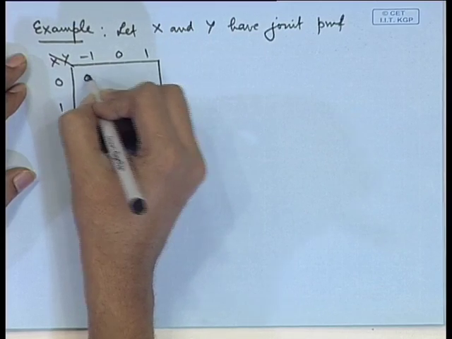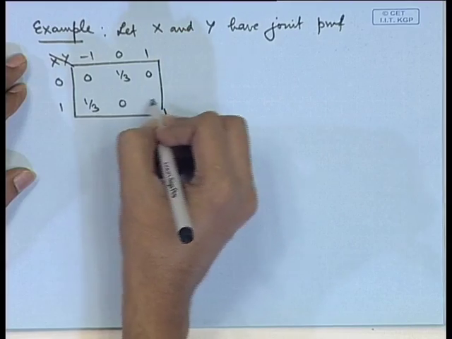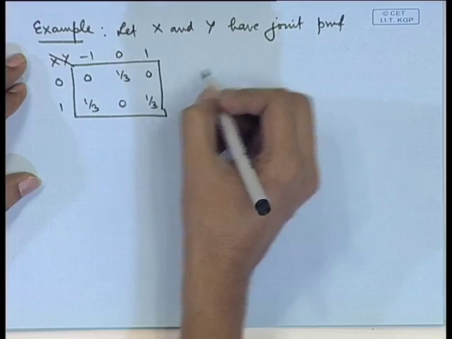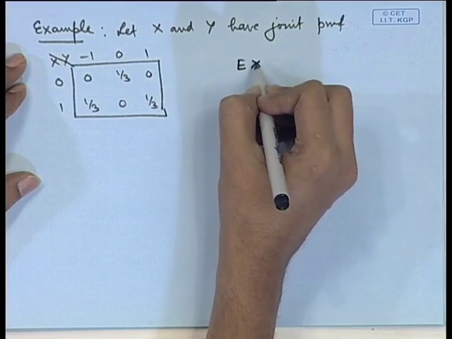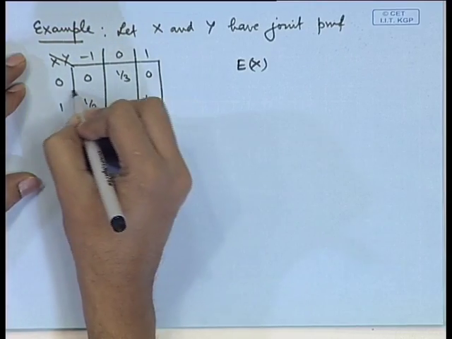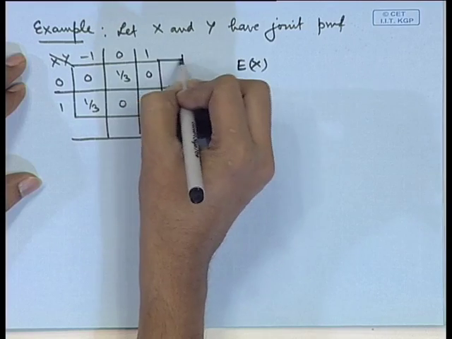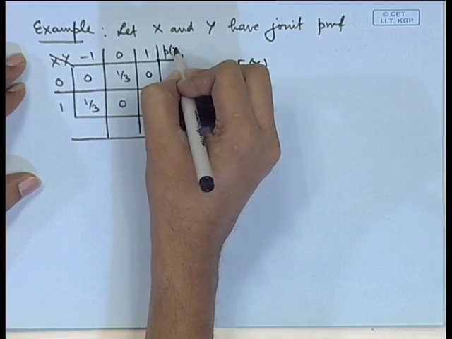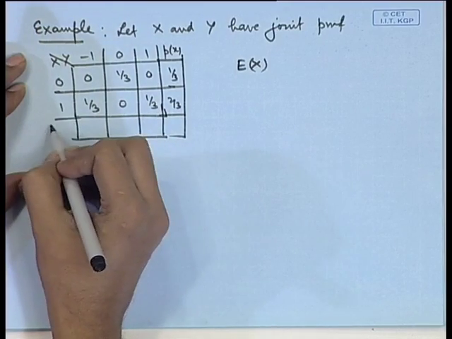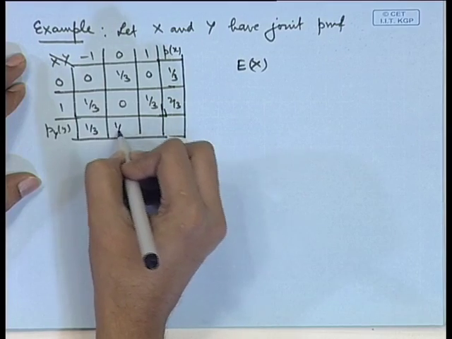The probabilities are 0, 1 by 3, 0, 1 by 3, 0, 1 by 3. Here we consider, say, expectation of x. You can calculate the marginal distributions by adding the rows and columns. The marginal distribution of x is 1 by 3, 2 by 3. The marginal distribution of y is obtained as 1 by 3, 1 by 3, 1 by 3.